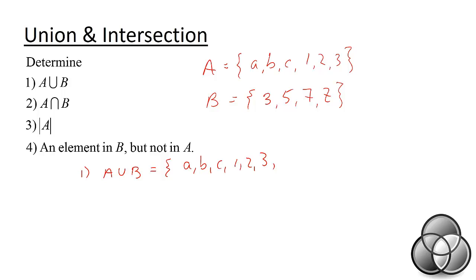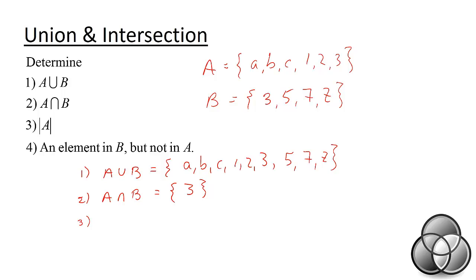B has 4 elements, but I've already got 3 inside of A union B, so I'm just going to list 5, 7, and Z. Next up is A intersection with B. This is the set of all elements that are shared by A and B, and there's only one shared element, and that is the number 3.